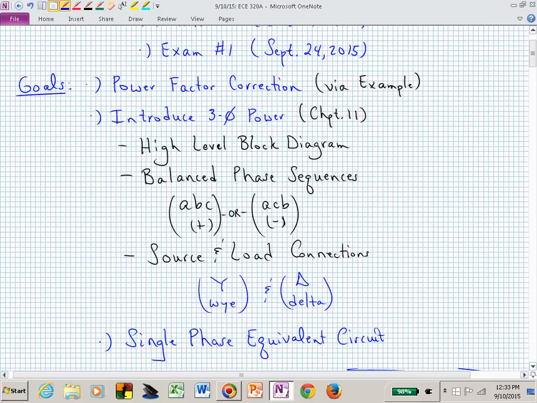And we'll draw a picture of that, and hopefully it will become very clear what we mean by an ABC phase sequence. But essentially, you are splitting a pie, if you wanted to think of it that way, into three equal parts, and they're 120 degrees apart.